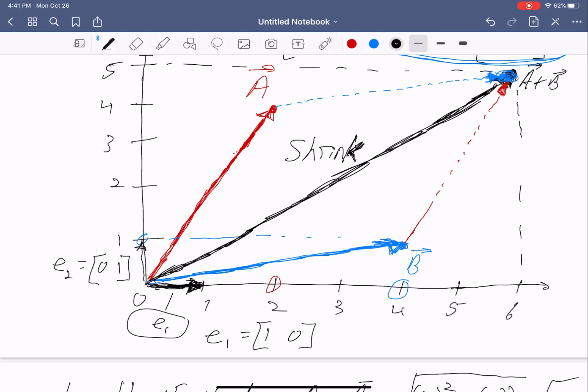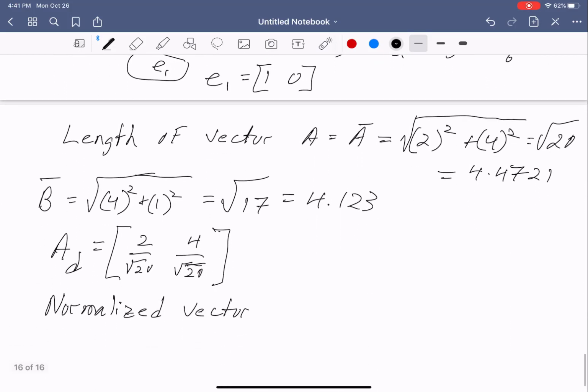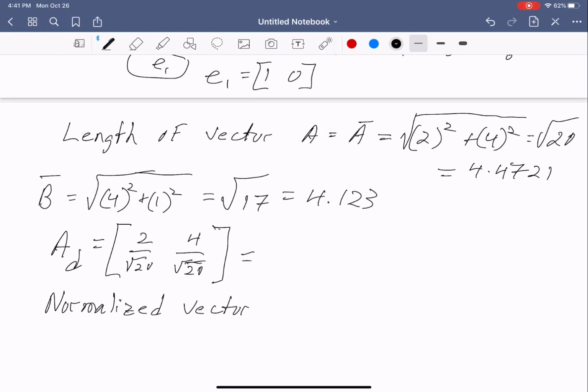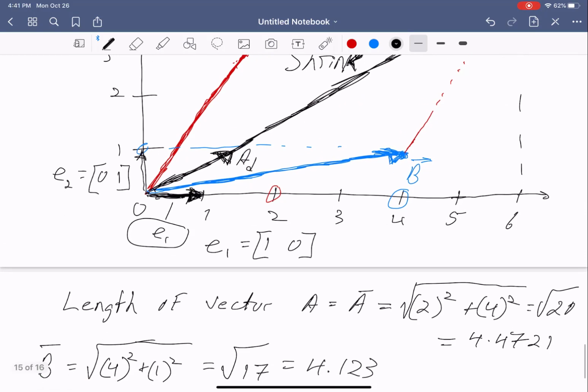So it'll have to be somewhere in here. Okay, so this would be A, and we'll denote that by AD. All right, so here we have AD, which is equal to 0.4472 and 0.8944. So this point here on the length of that vector has to be, I've got it way too long, and it should really be, let me just grab the red one, it should be somewhere around here.